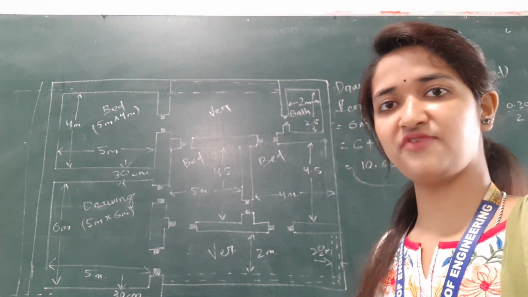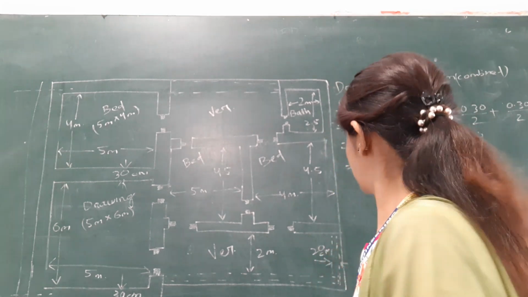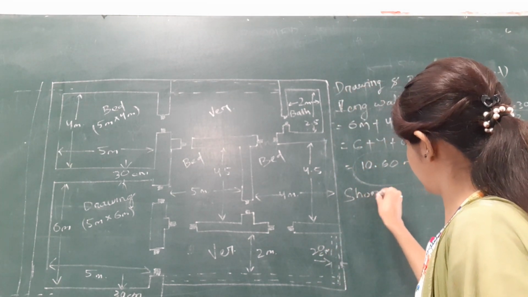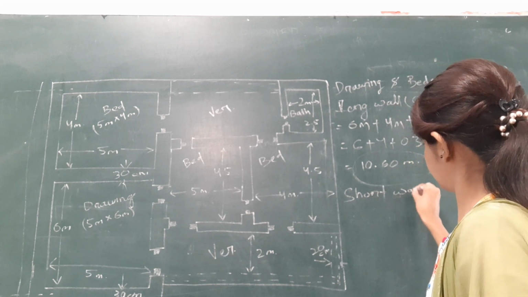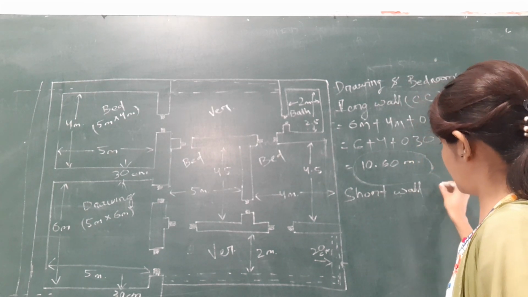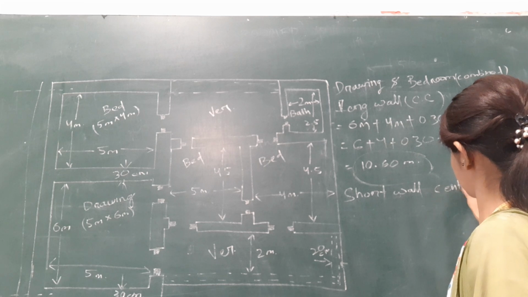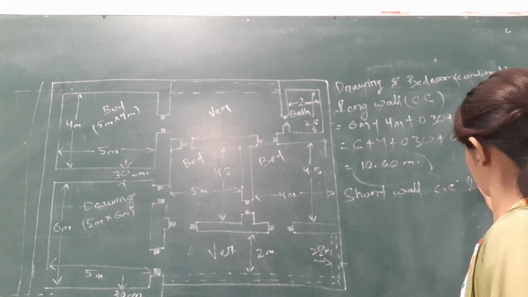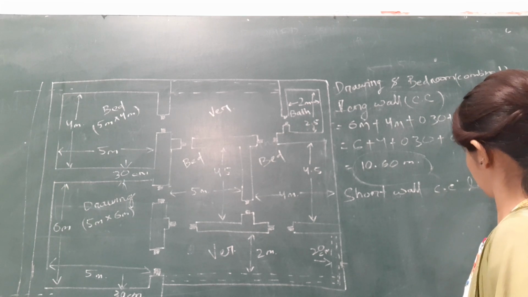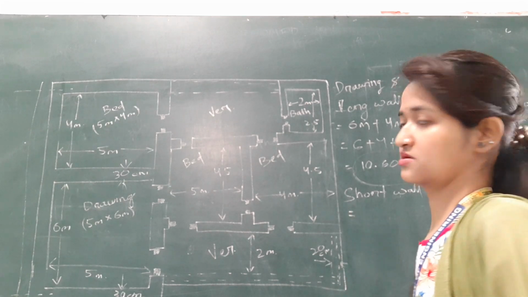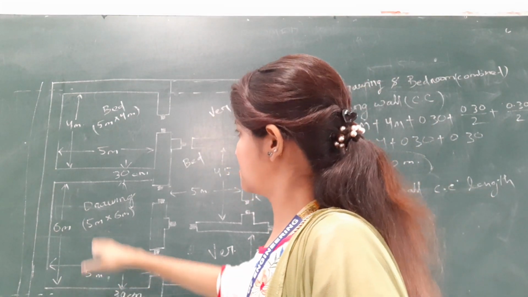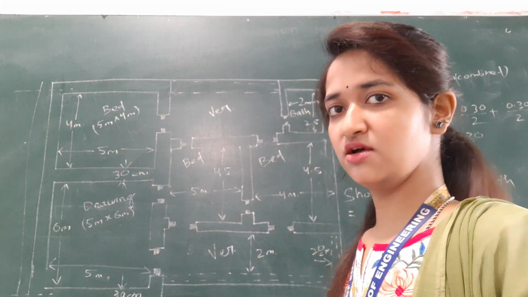Now we can find the short wall also. For the short wall, what is the calculation for the center to center length? For the dimensions, it's 5 meter, also 5 meter.